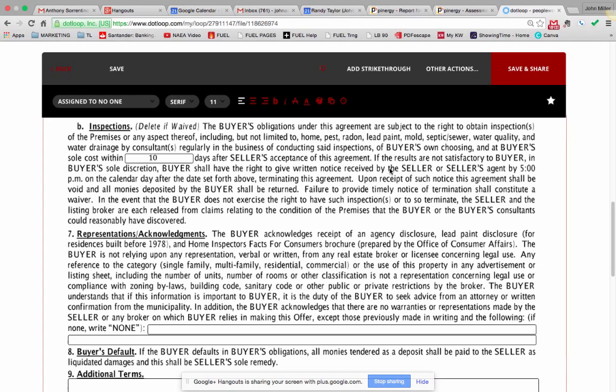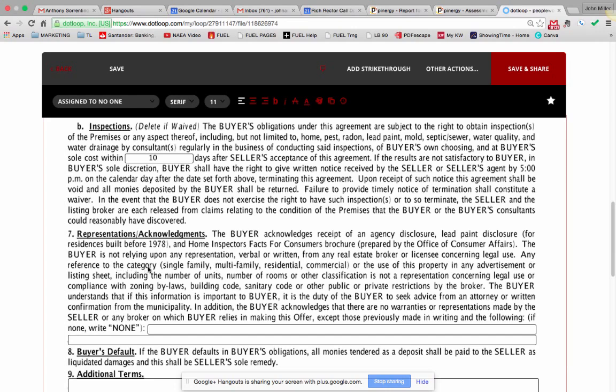Representations and acknowledgments, we'll read through this one here. The buyer acknowledges receipt of an agency disclosure, a lead paint disclosure for residences built before 1978, the home inspector's facts for consumers brochure, prepared by the Office of Consumer Affairs. So we have to get that to the buyer as well. The buyer is not relying upon any representation, verbal or written, from any real estate broker or licensee concerning legal use.